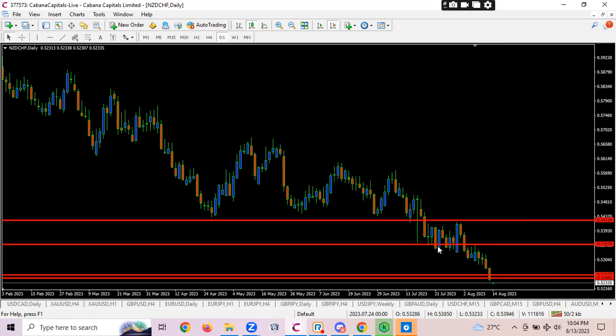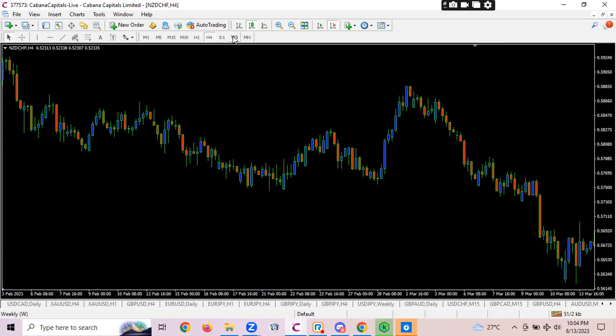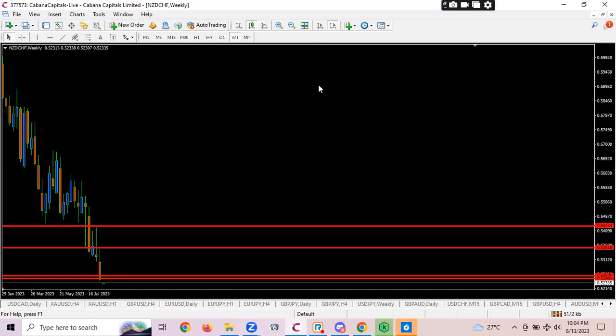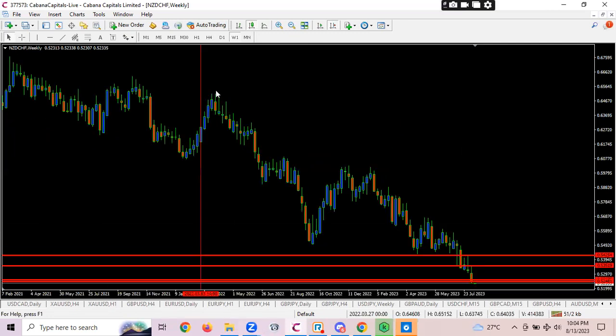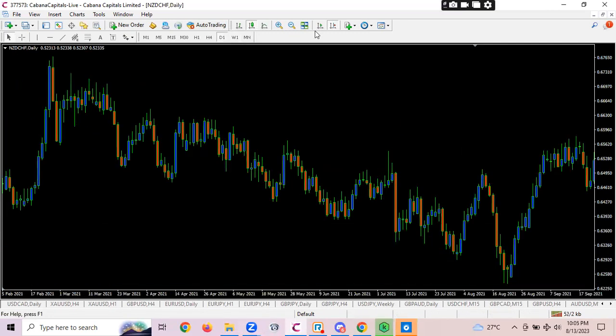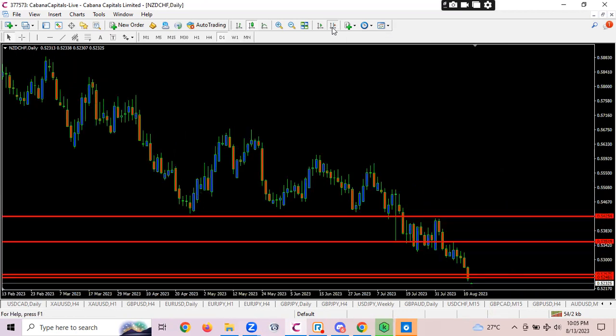Okay, so if I'm to trade New Zealand CHF this week, I would look for a buy setup. Price should pull back. Let's go to weekly. So you could apply, let's see, daily.